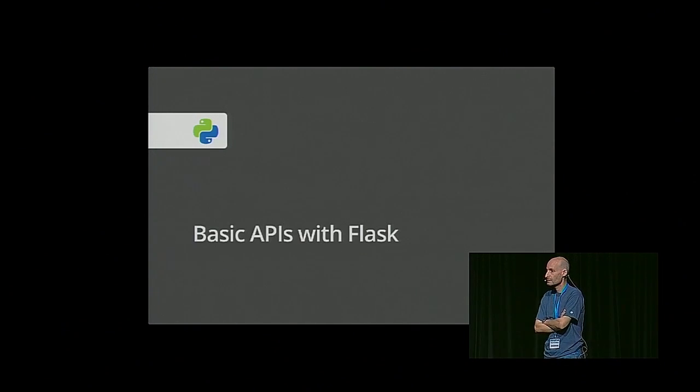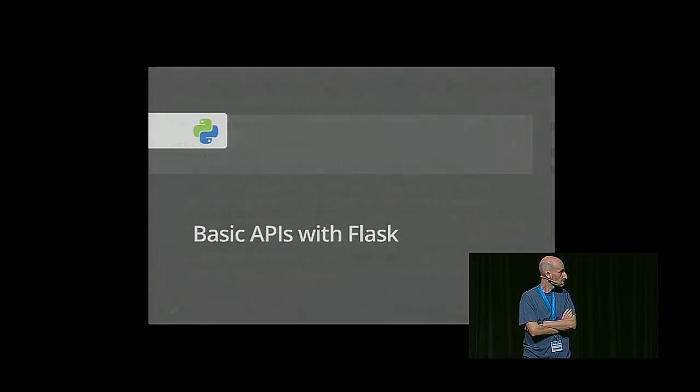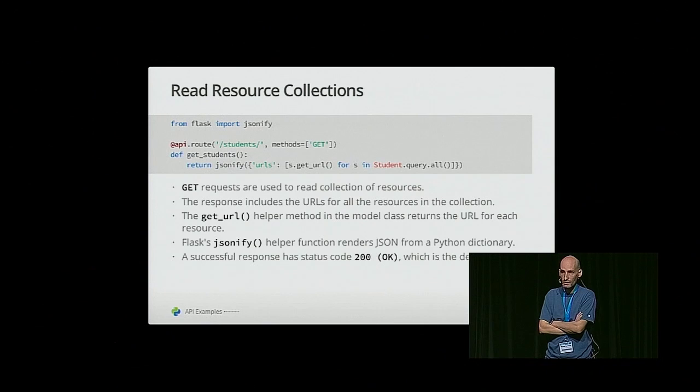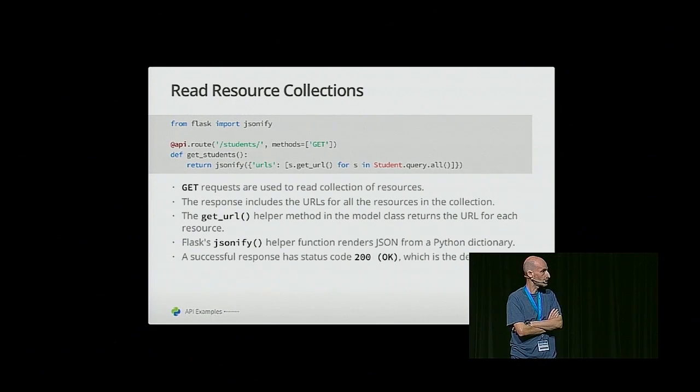So okay, let's start with the good stuff. RESTful APIs. I'm going to show the few basic API methods and how I implement them. Note that I say how I implement them. It's not the only way.